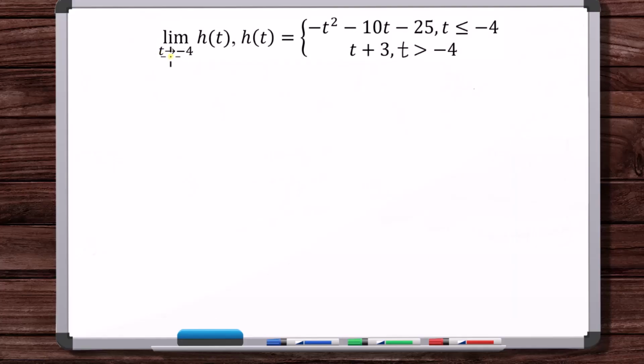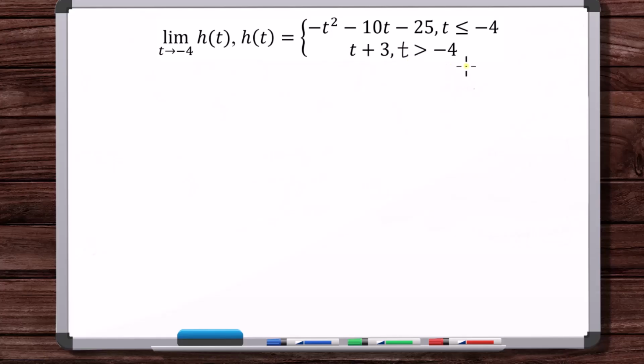Okay, the limit as t approaches minus 4 of h of t, where h of t is this piecewise defined function. Okay, so the limit is approaching minus 4, which is the transition point of this piecewise function. And so what we need to do is analyze what exactly this function is doing at the minus 4 transition point.